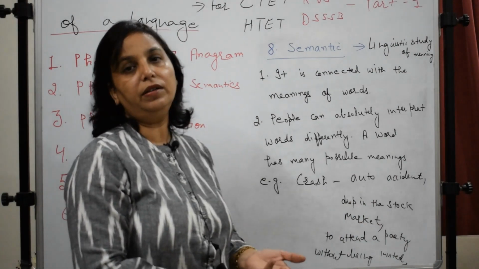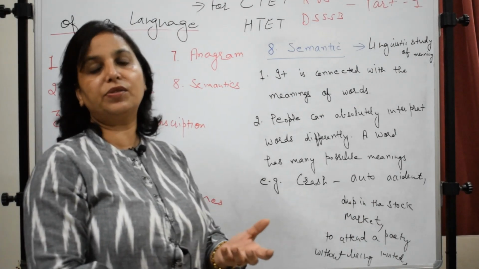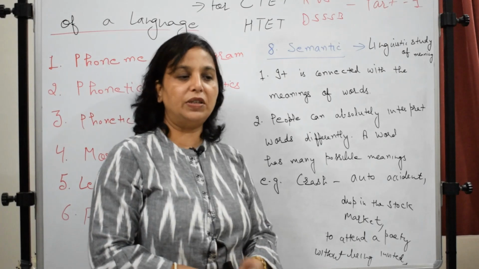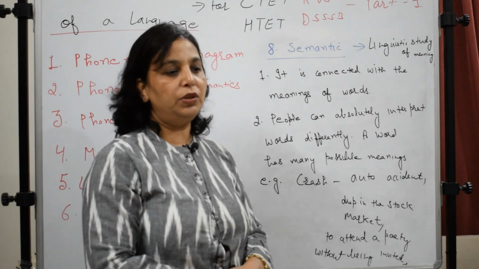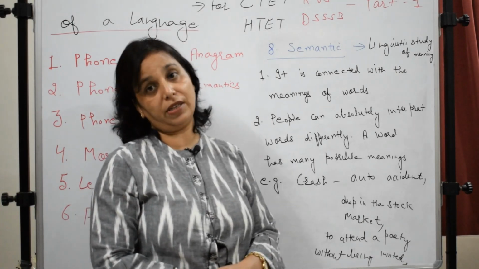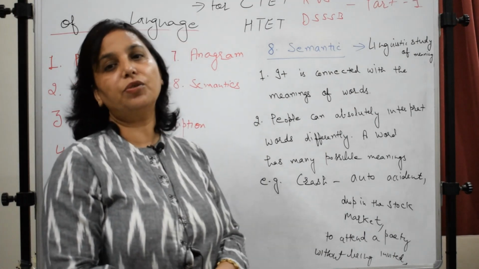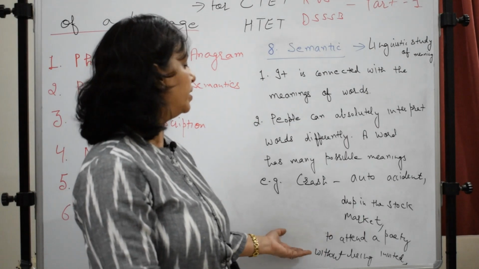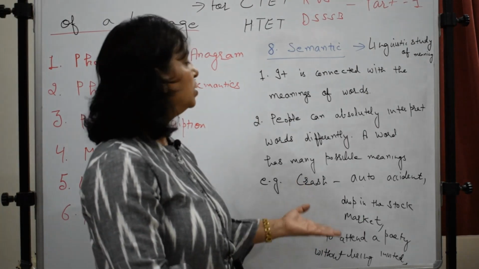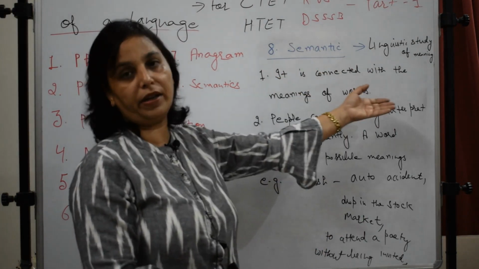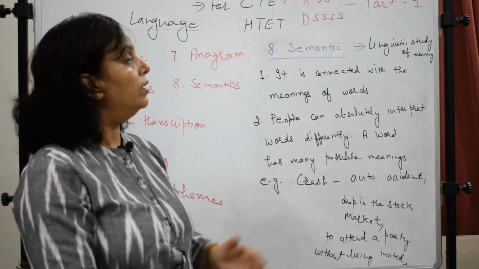In the same way, there is the word heart. Heart means the organ which supplies blood through the body, but in the connotative sense it doesn't mean that. It means love or heartache. So it depends upon us how we connect ourselves with the same word. So different words have different semantic meanings according to their need.